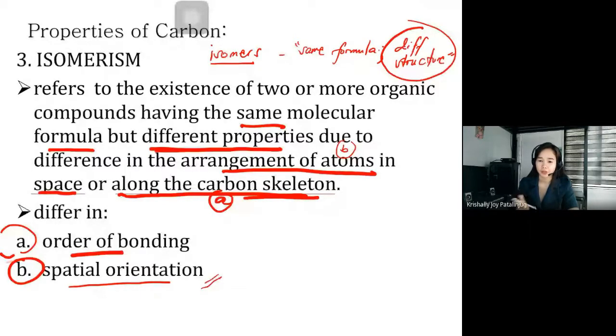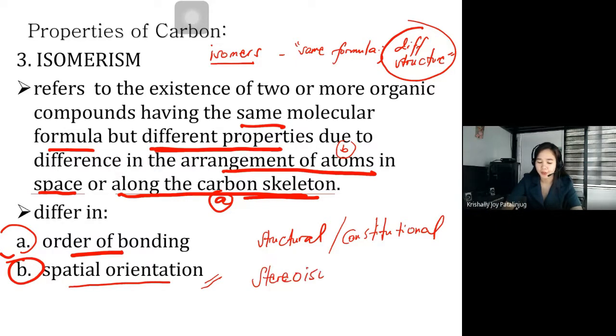We have two classifications of isomerism. First, the structural, also known as constitutional isomerism. The other one is stereoisomerism. Class, listen: when the differences in structure of the isomers are due to differences in the order of bonding, that is structural isomerism.